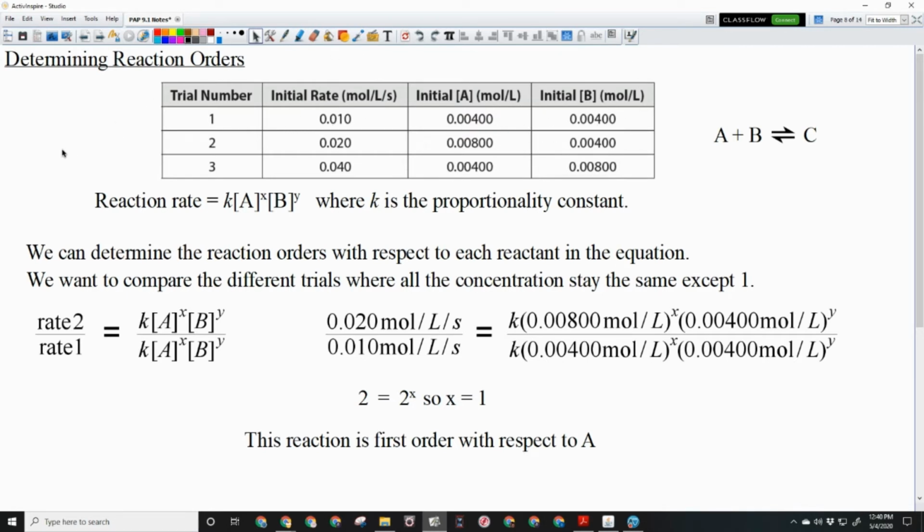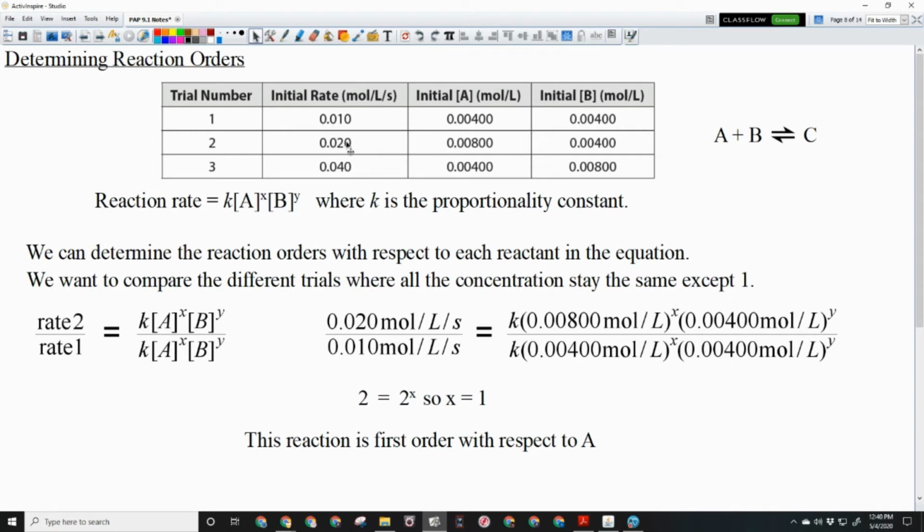Then on trial number 2, we're going to start over. This time, we're going to have B stay the same, 0.004. We're going to hold B the same. Then we're going to increase the concentration of A. So when we double the concentration of A, but we leave B the same, here we have a different rate.